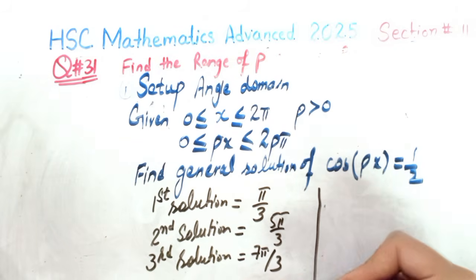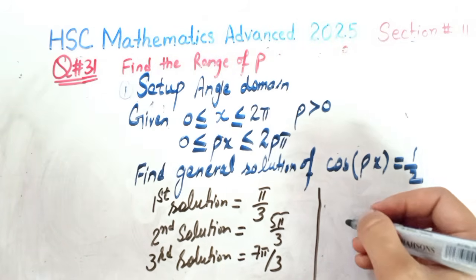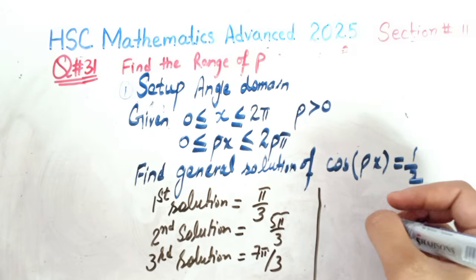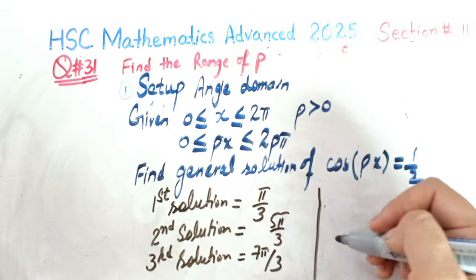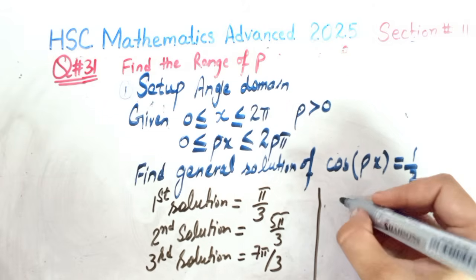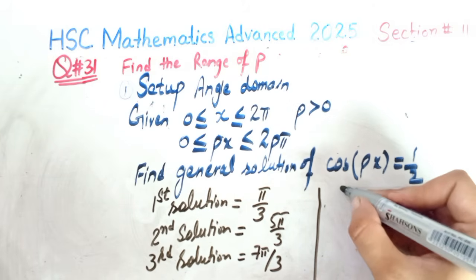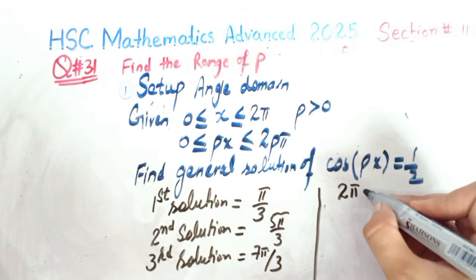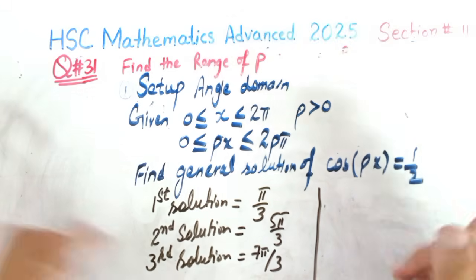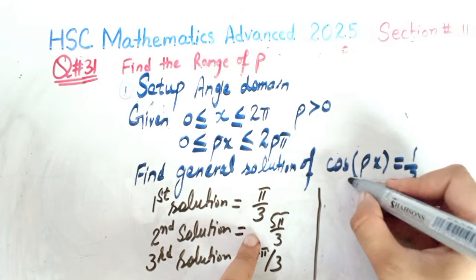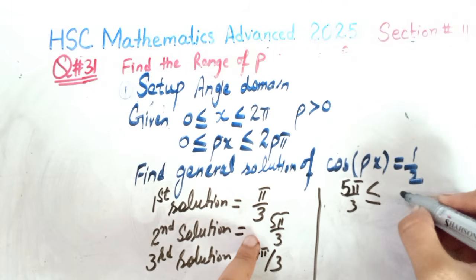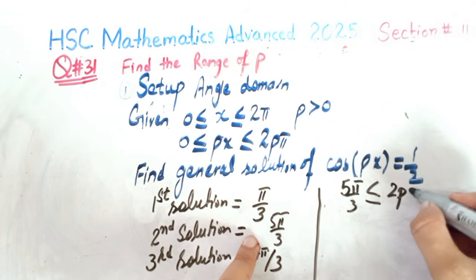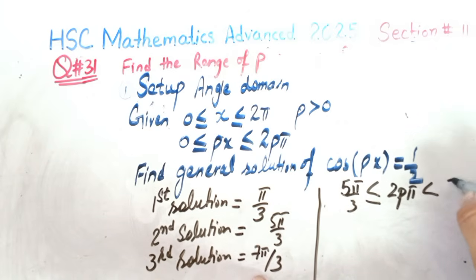Now we will set up the boundaries. The upper limit is 2 pi p, which must include the second solution but exclude the third solution. So this will become 5 pi by 3 is less than or equal to 2 pi p, and 2 pi p is less than 7 pi by 3.